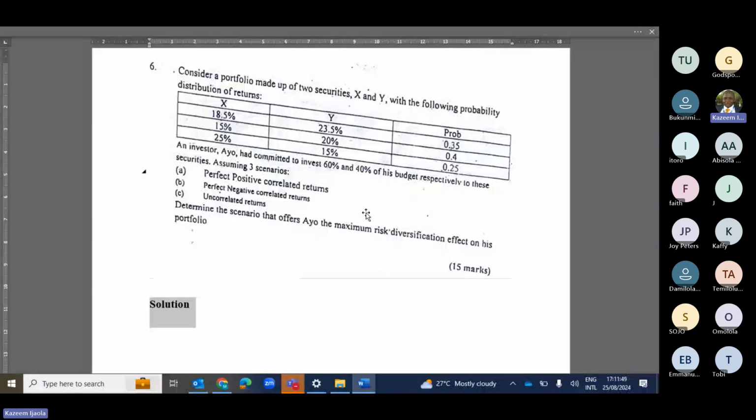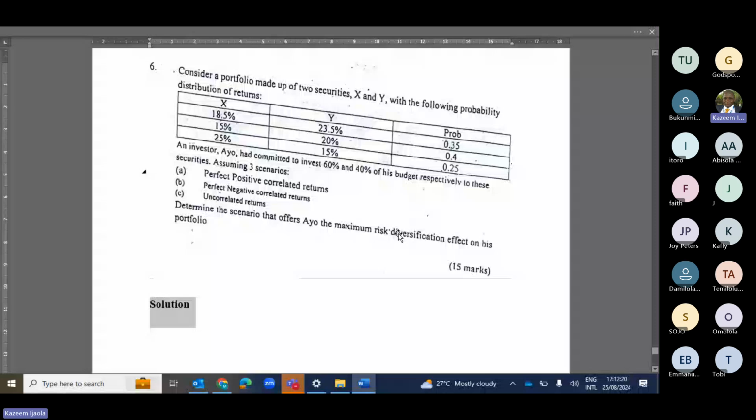An investor, Ayo, had committed to invest 60% and 40% of his budget respectively to these securities. Assuming three scenarios: A, perfect positive correlated returns, perfect negative correlated returns, uncorrelated returns. Determine the scenario that offers Ayo the maximum risk diversification effect on his portfolio.